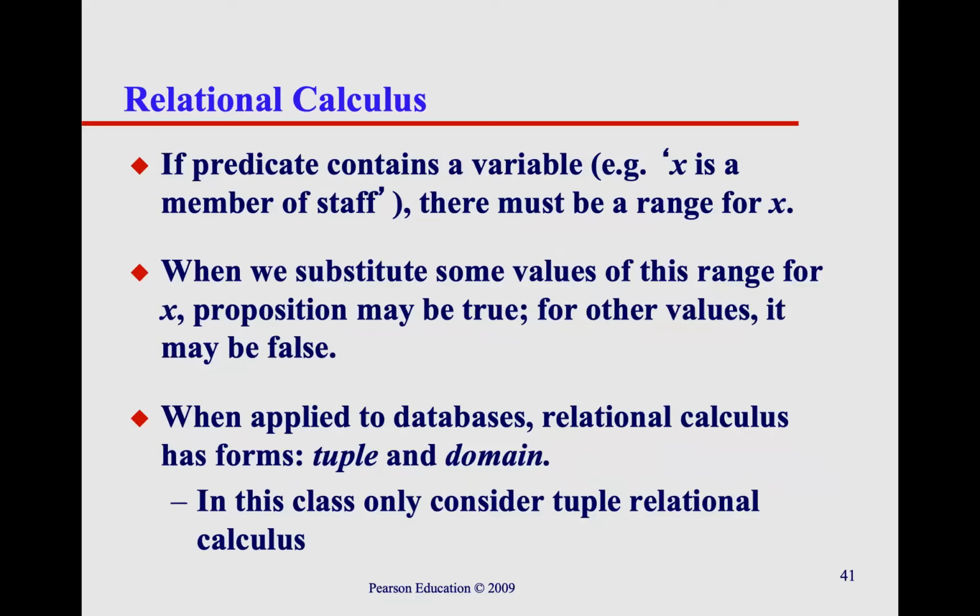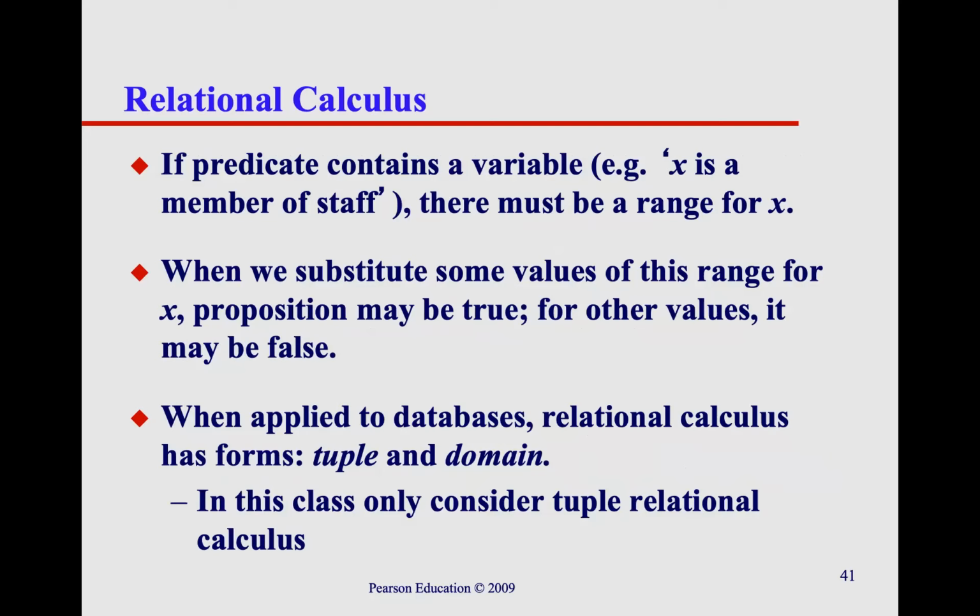So a predicate will typically contain variables, and in R, what we care about is what's called the tuple relational calculus. So the variables will range over the rows of a relation, or range over the tuples of a relation.